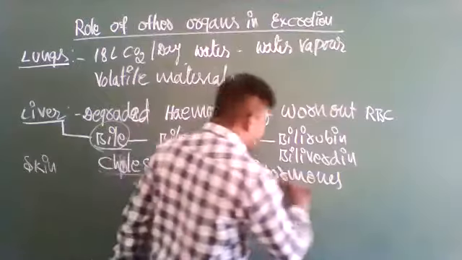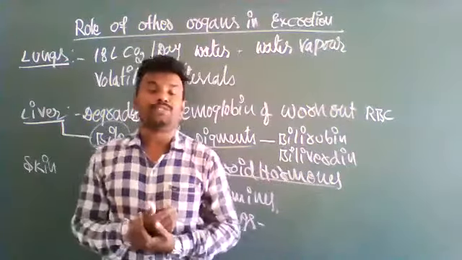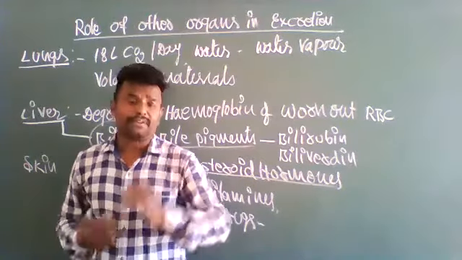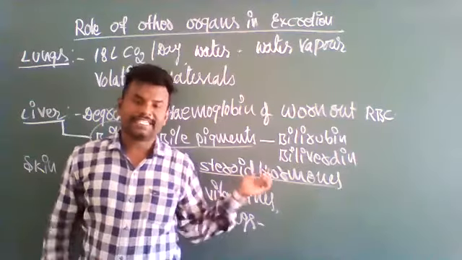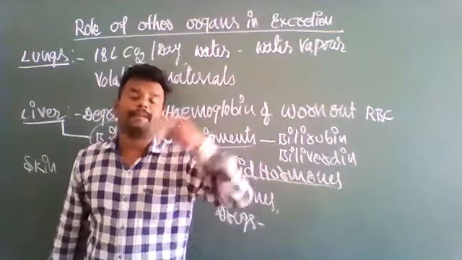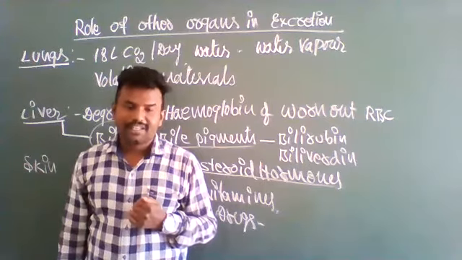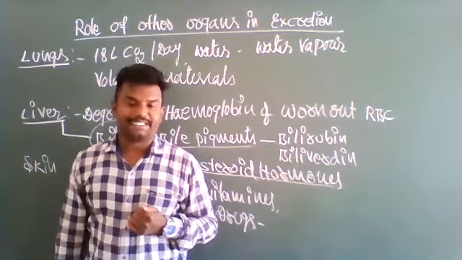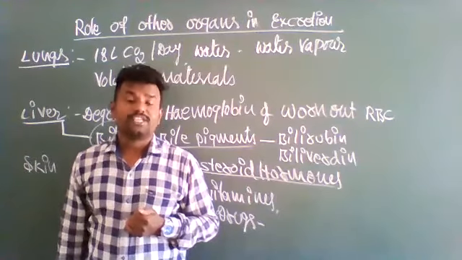Next is steroid hormones. First of all, what is the difference between steroid hormones and non-steroid hormones? You have to remember, steroid hormones are formed from lipids, from fat. Those are mineralocorticoids, glucocorticoids, testosterone, progesterone, estrogen.